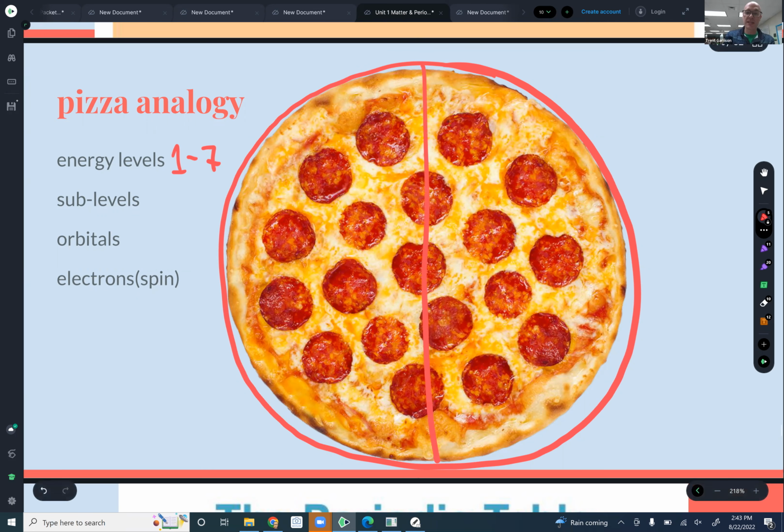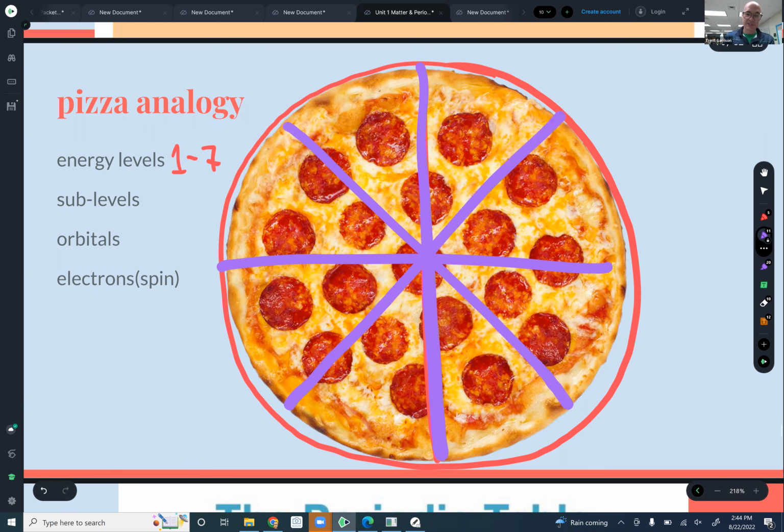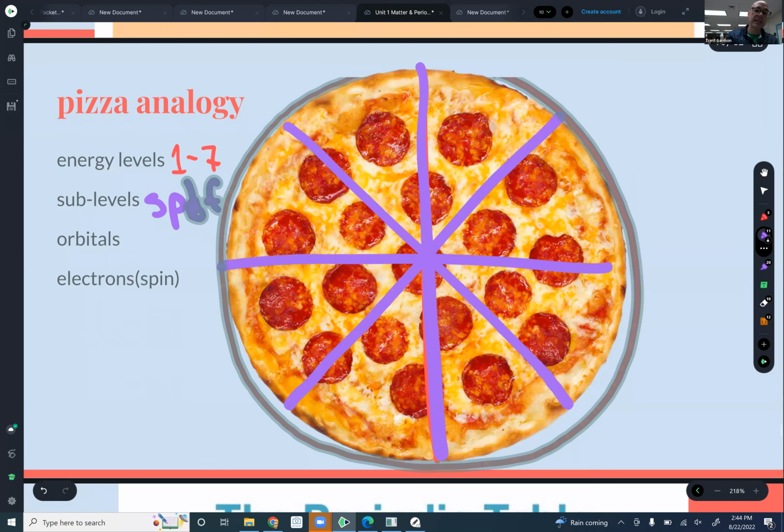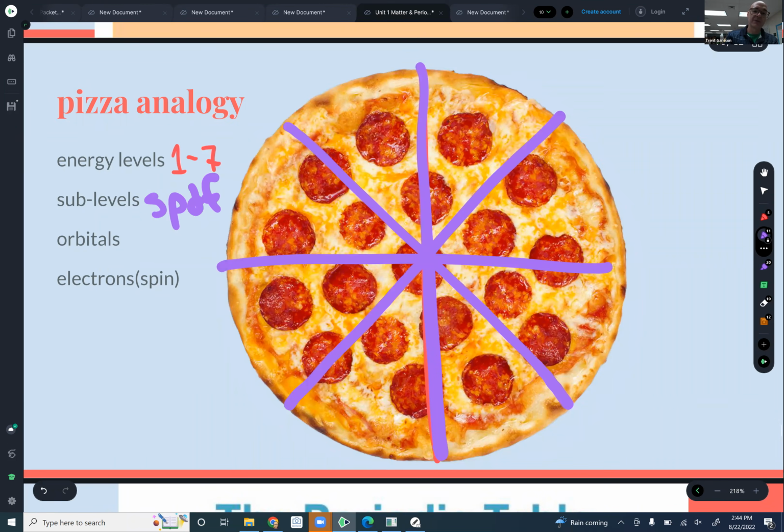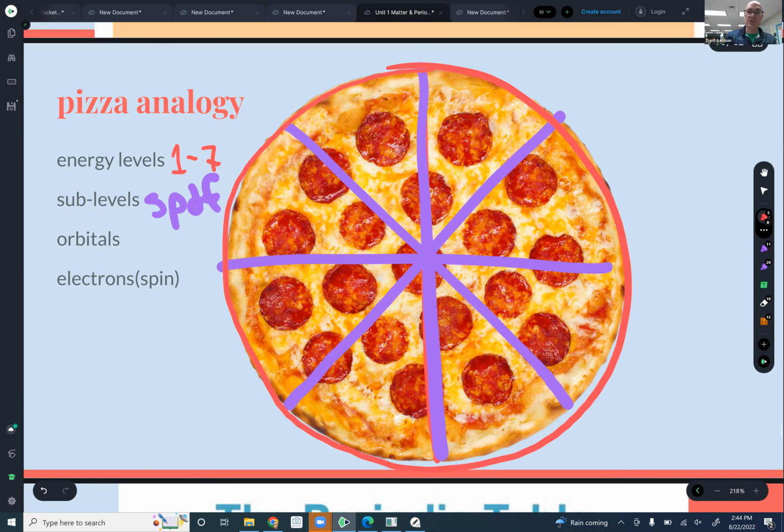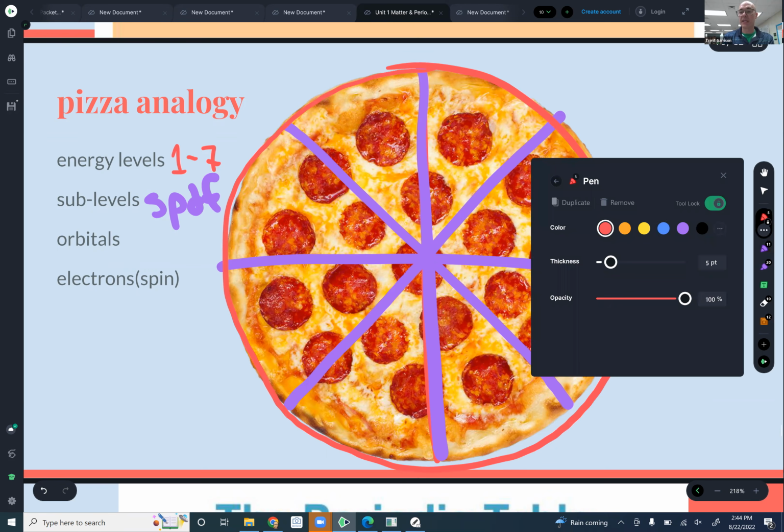Well, keeping in mind, or try to keep in mind, that you can take a pizza and you can divide it into portions. So sublevels are organized into one of 4 different possibilities: S, P, D, or F. So there are 4 possibilities for which we can identify the location of electrons.